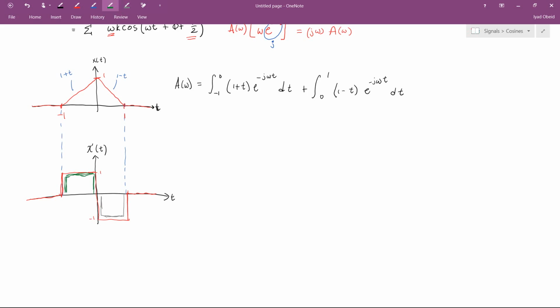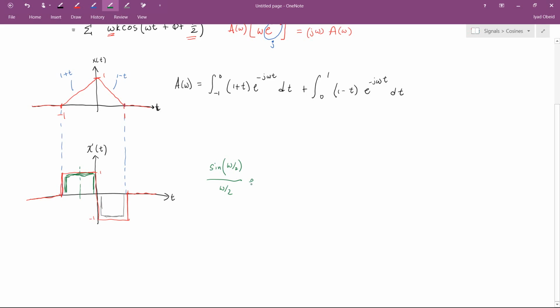So let's start with the green one first. Just to remind you, now we're solving for the Fourier transform of the derivative. So here we go. The green box has a half-width of a half, so it's going to be sine of omega over 2 over omega over 2. Okay, that accounts for the half-width of a half.